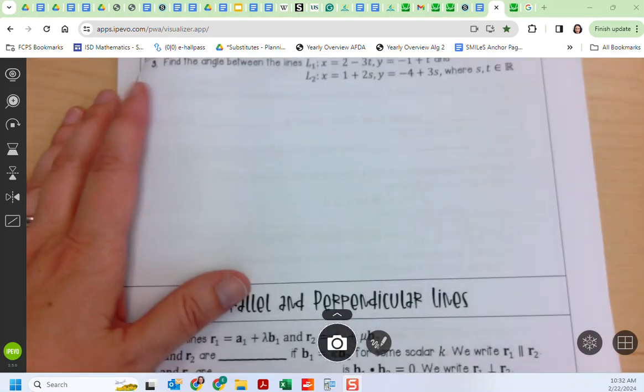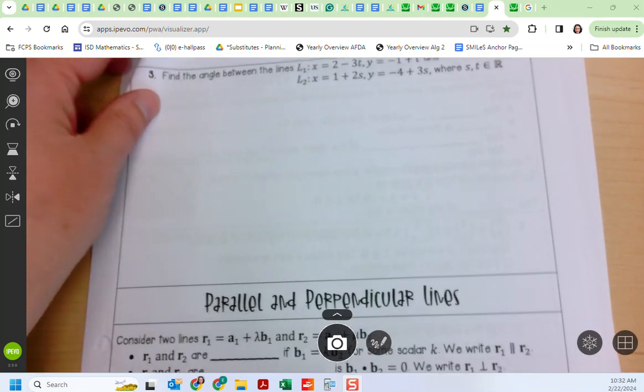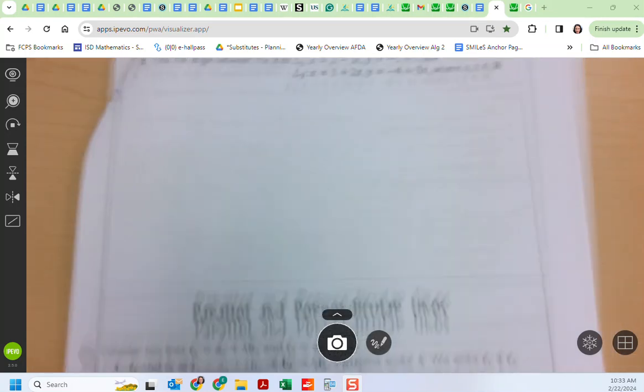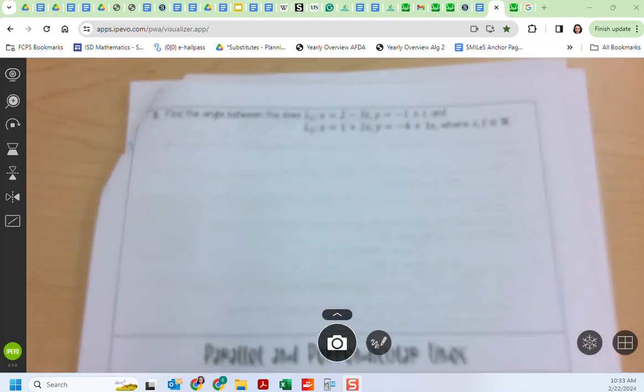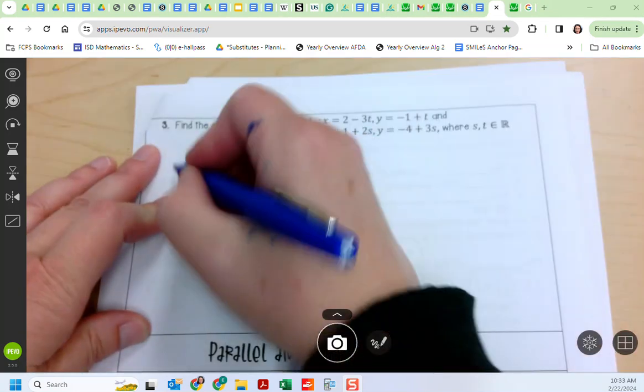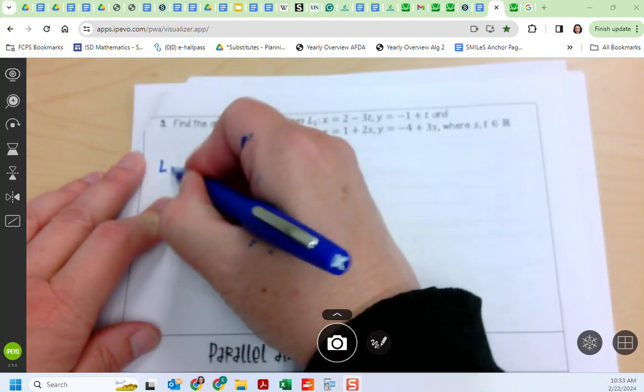All right. So we have parametric equations here. And what we need from these parametric equations are the vectors. The vectors come from the direction part of the equation. So those would be the parts on the variable. So you might be able to pull out your direction vectors right away. I'm just going to write them as vector equations.